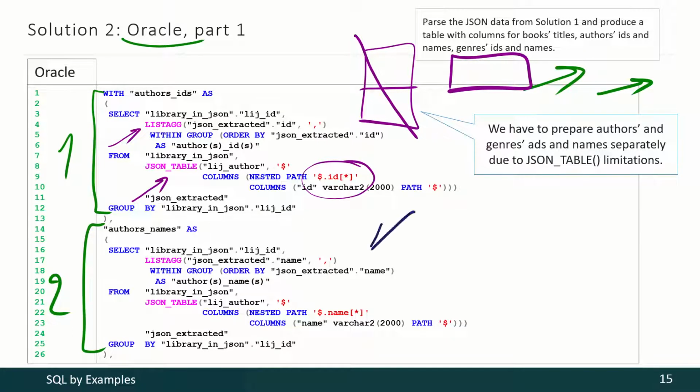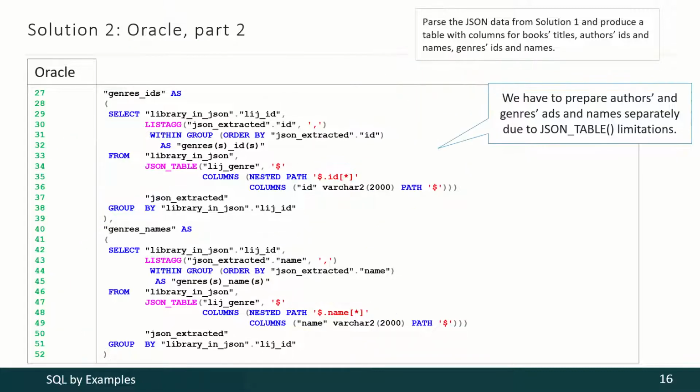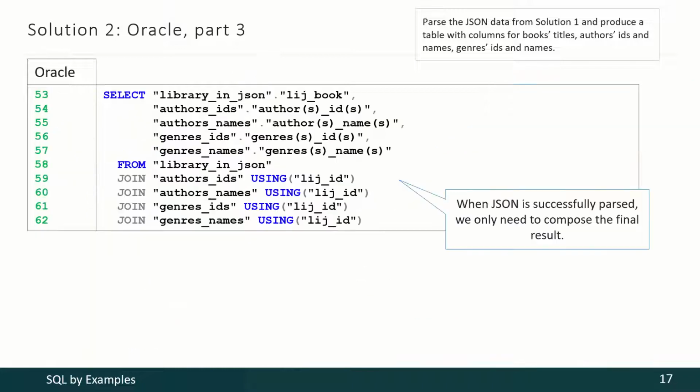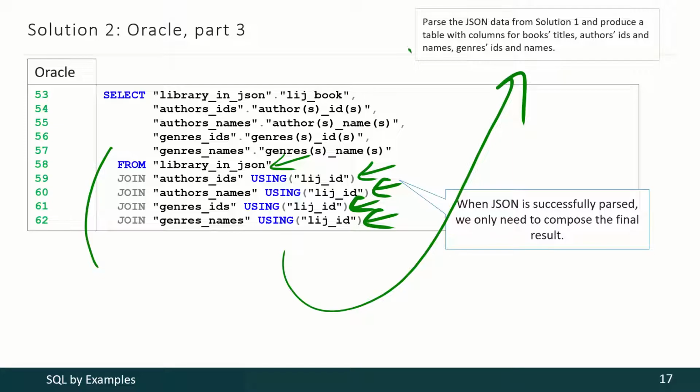Then in the next common table expression we have to perform exactly the same operations for authors' names. Then in the third common table expression we have to perform the same operations for genres IDs. And in the fourth common table expression we have to perform the same operations for genres names. Finally, we have to join data from the initial table, from the first, the second, the third and the fourth common table expressions, and that's how we achieve the expected result.